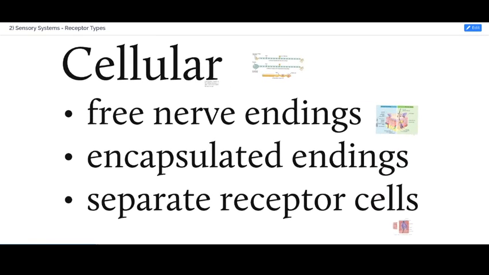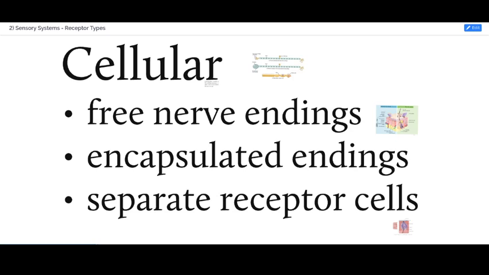When we classify receptor cells by their cellular type, this really means to consider the microscopic anatomy. What type of cell is actually doing this? Truthfully, there's two types of cells. There are neurons and there are specialized receptor cells.